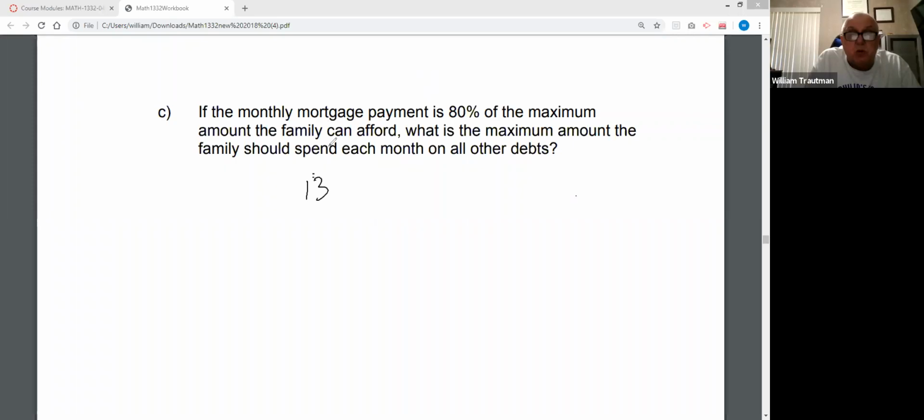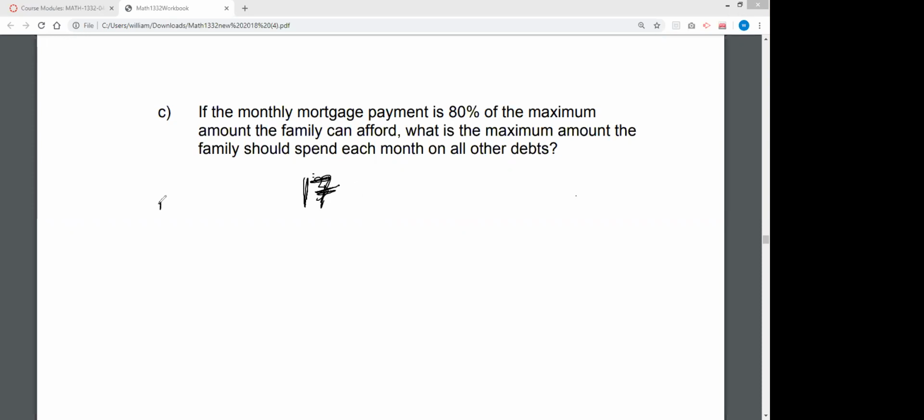Wait, if your monthly mortgage payment is 80% of the maximum your family can afford, oh no, you're right. The 1710 is the maximum your family can afford. That's what they said, your total credit obligation. So I'm going to say your max obligation is 1710.